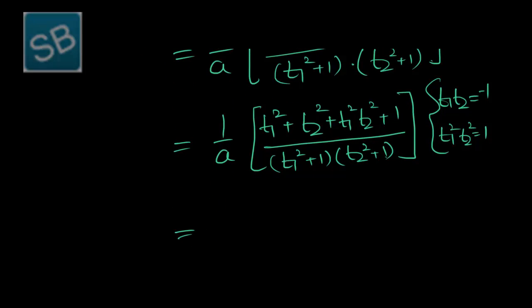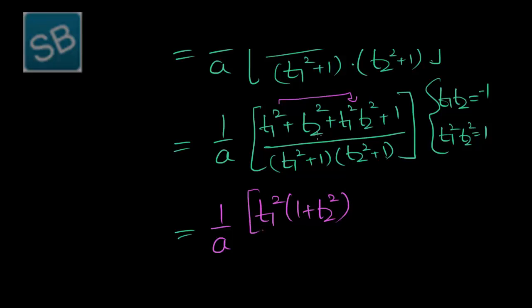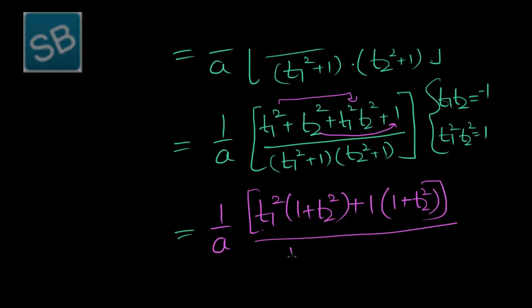So if we see from here, we can take some terms common. We can take t1 square from both terms, and in the bracket we get 1 plus t2 square. And the remaining two terms will be taken in one bracket by taking 1 as common factor, and we get 1 plus t2 square over t1 square plus 1 and t2 square plus 1.